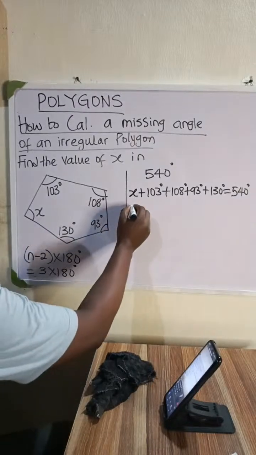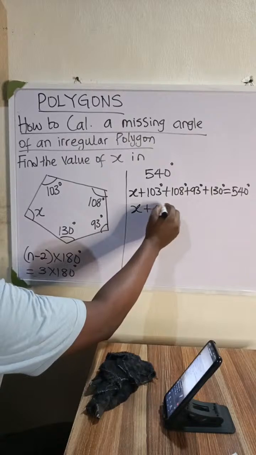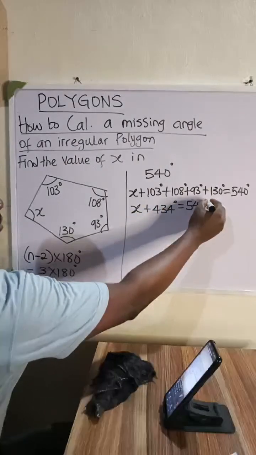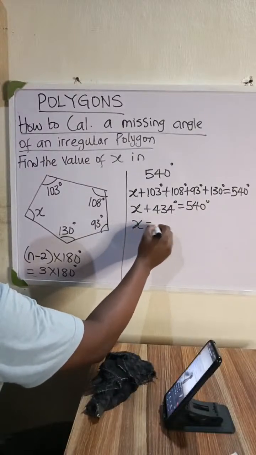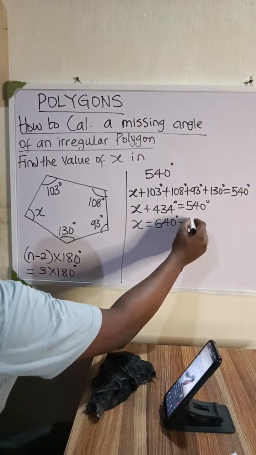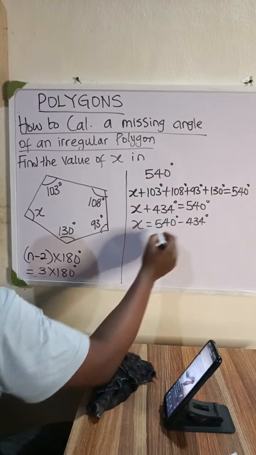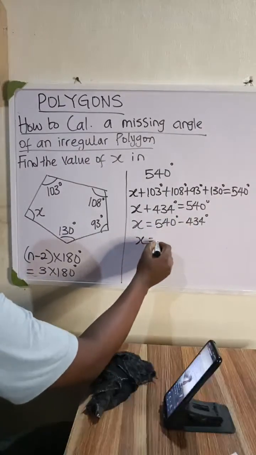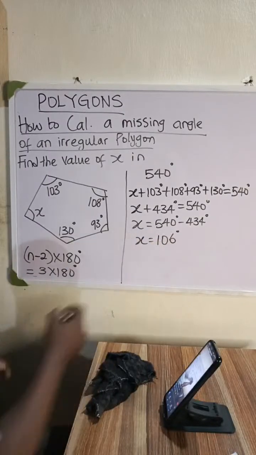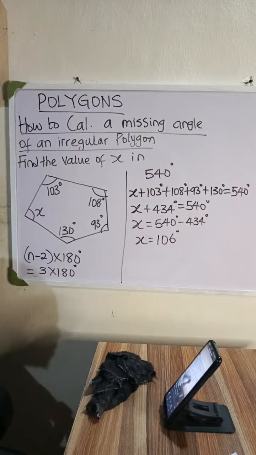So we have x plus 434 degrees is equal to 540 degrees. X is equal to 540 degrees minus 434 degrees. X is equal to 106, right? 106 degrees. So that gives us the value of x.